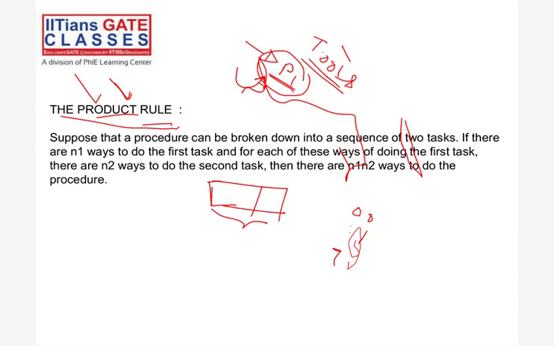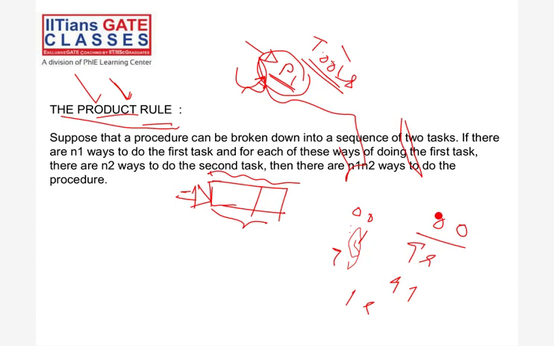Okay. So let's see what is this product rule. Let's assume that you want to make a two digit number. For example, 00 is a two digit number, for example 99 or 91 or 19, these kind of numbers. So if you want to make a two digit number, how many two digit numbers can you make? That is our question.